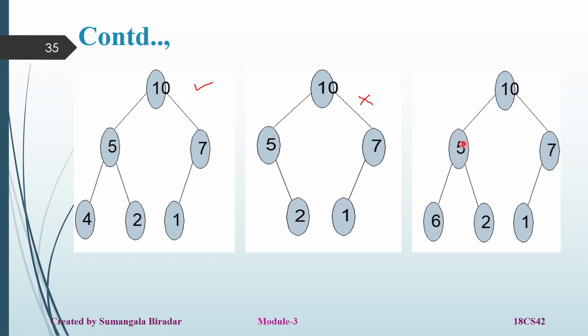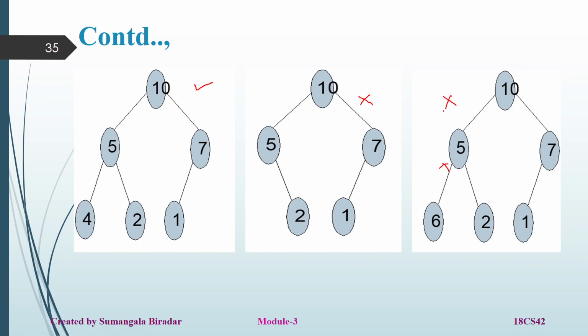But for 5, if you see, 2 is less, but 6, the child key value, is greater than the parent key, whereas the parent key's value should be greater than the child key. So this condition is not satisfied here because the parent key value is not greater. If the second criterion is not fulfilled, then also it is not a heap tree.